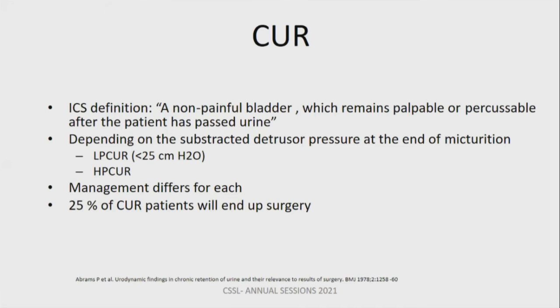The management differs for each. High pressure chronic urinary retention ends up in surgery, but some of the low pressure chronic urinary retention we may be able to manage with clean intermittent self-catheterization. Altogether, 25% of chronic urinary retention patients will end up in outflow tract surgery.